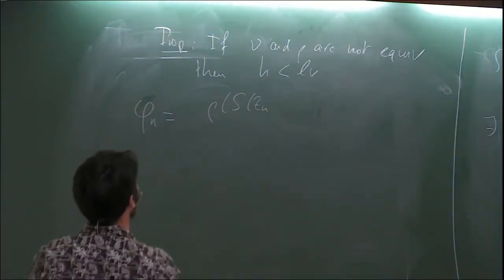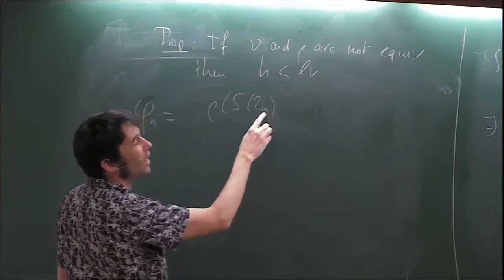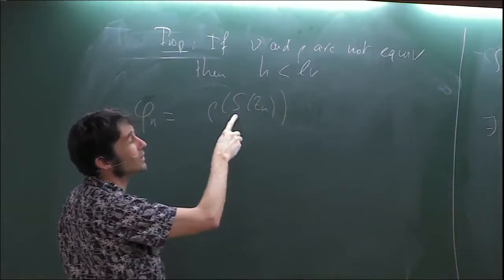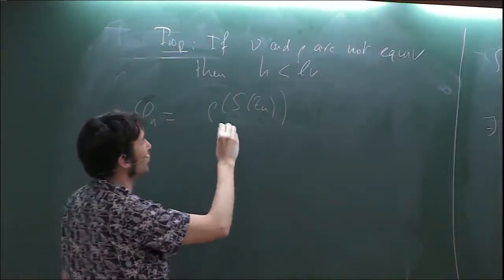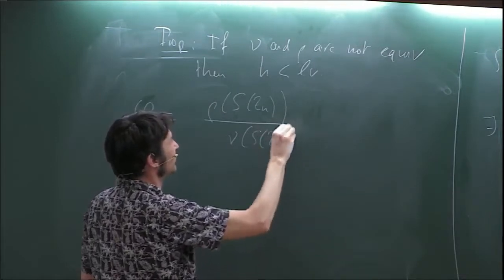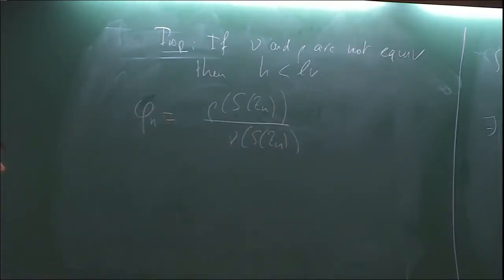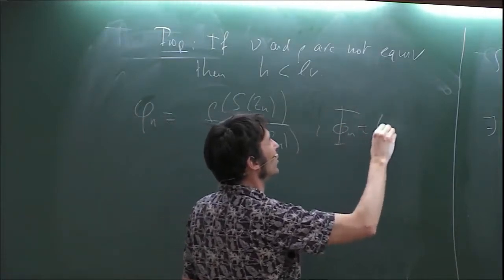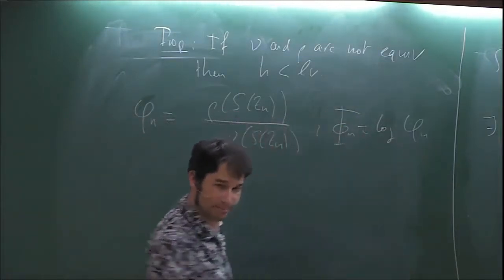It doesn't make any difference. R will always be fixed, so I forget capital R. But the fact that it is a shadow is important, I guess, because otherwise we don't know what we consider. Right? Okay, and I'll define this, and little phi n will be the log of phi n.